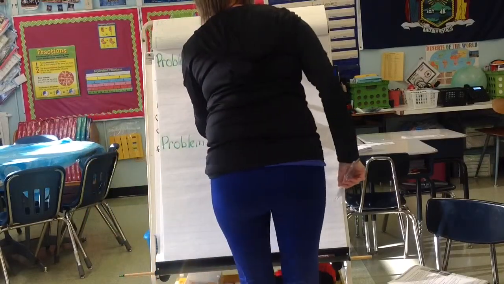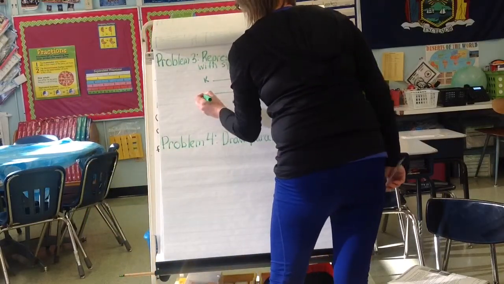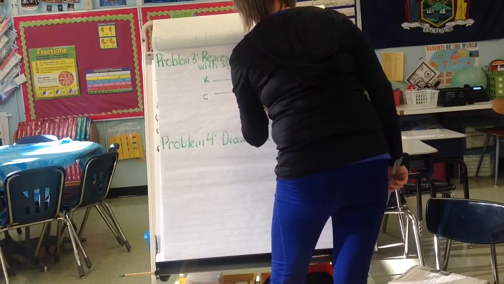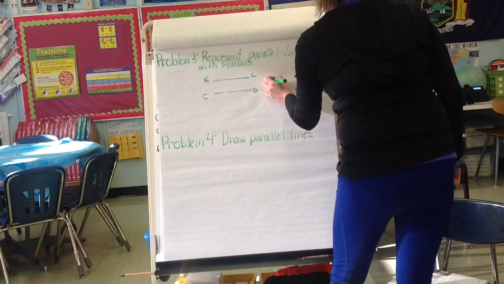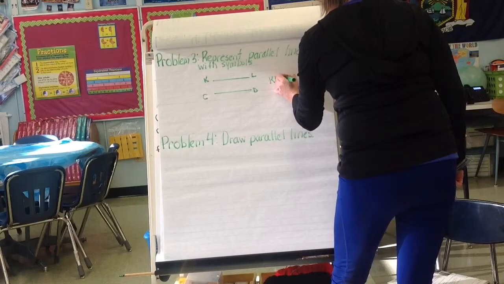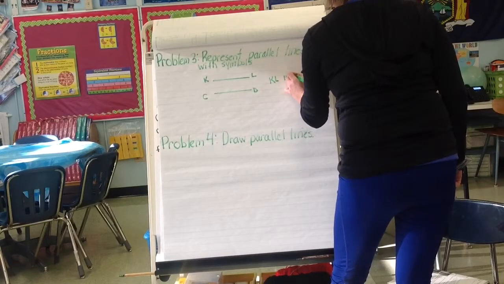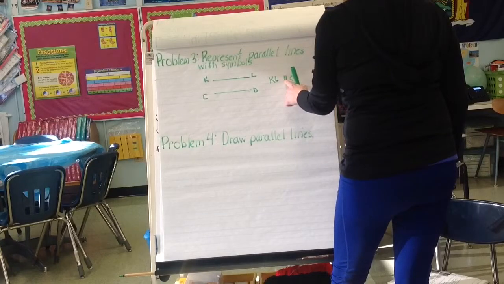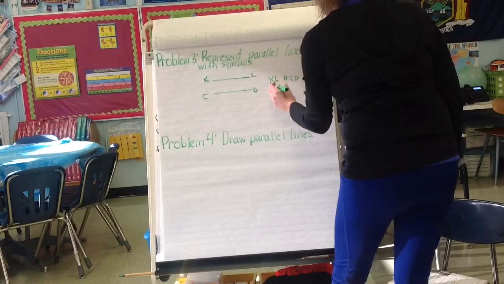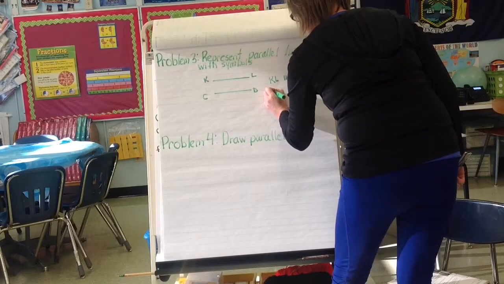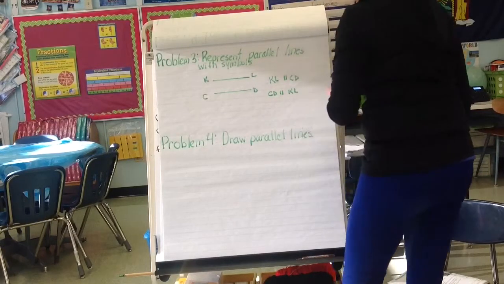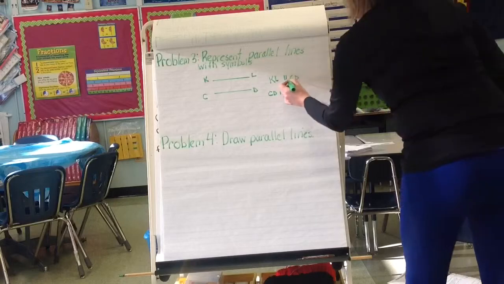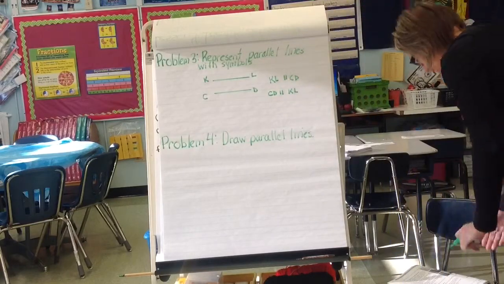We will call this one KL and this one CD. They are two parallel lines. We can say KL is parallel to CD. Notice the symbol? It looks like two very small parallel lines. We can say CD is parallel to KL. So right here is our symbol.